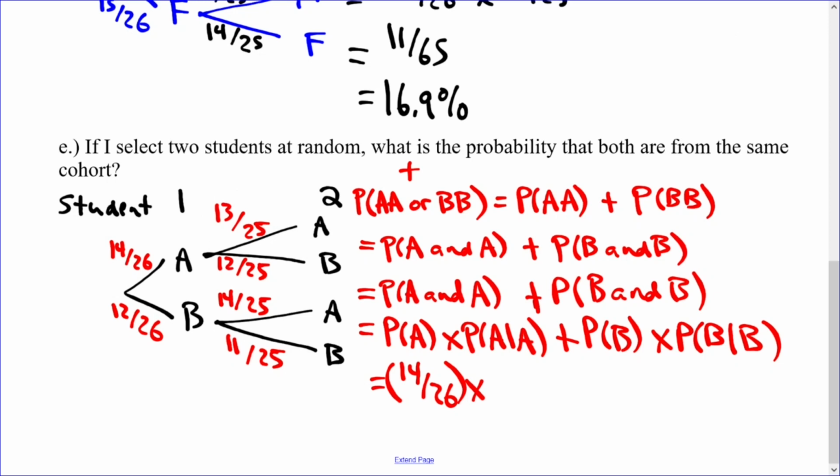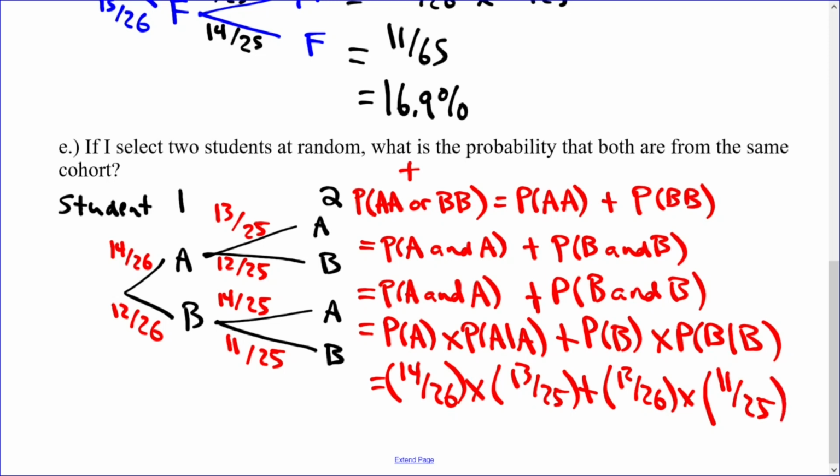So it's going to be 13 out of 25 plus probability of our initial student being from B, given in our tree diagram, is 12 over 26 times probability of being from B, given that the first student was from B, is 11 out of 25. And let's multiply and let's see what we get.